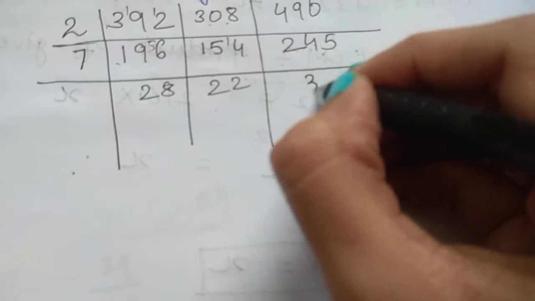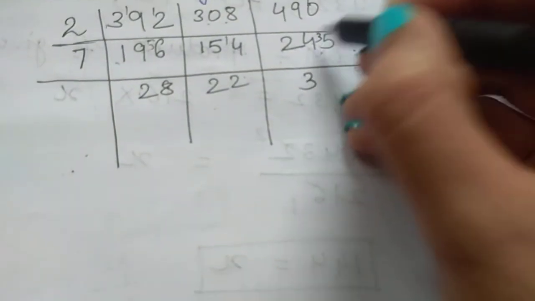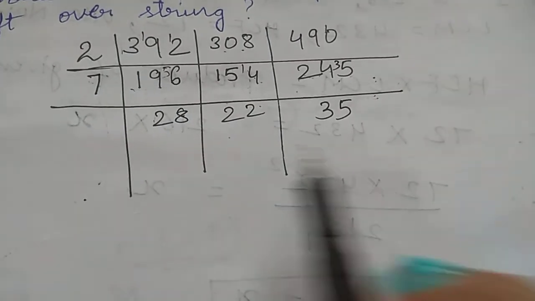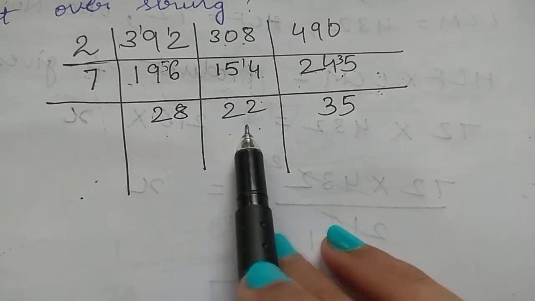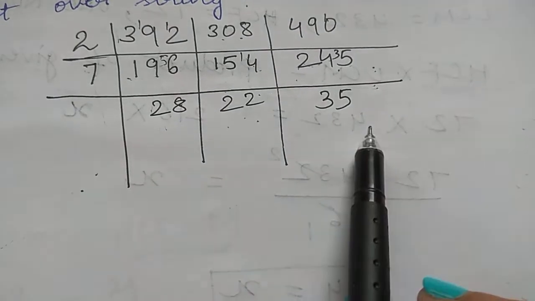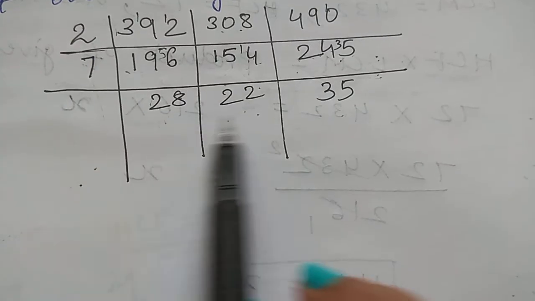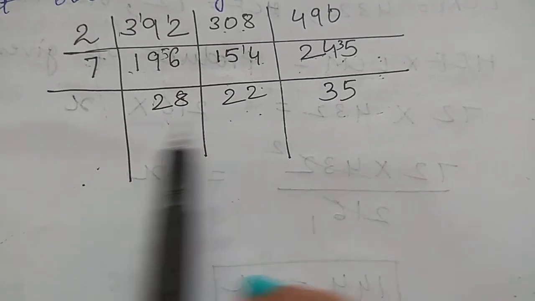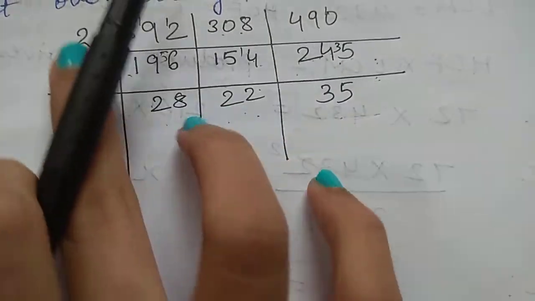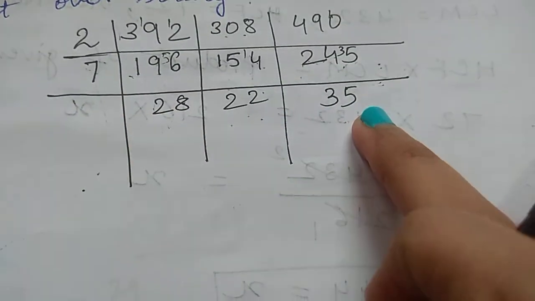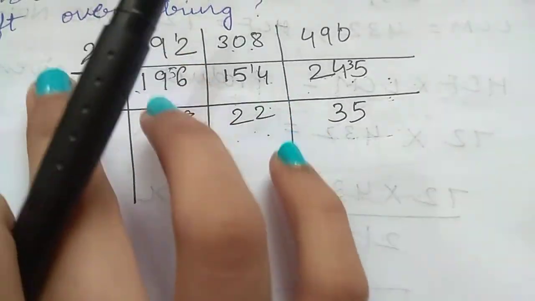Again 7 2s are 14 and 7 2s are 40. 7 3s are 21. 7 5s are 35. In this, these 2 numbers are divisible by 2 and these two numbers are divisible by 7, but all three numbers are not divisible by single number. So we will stop here for HCF, because now these three numbers don't have any common factor.